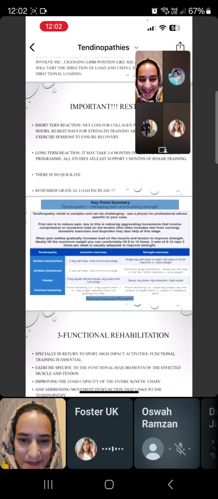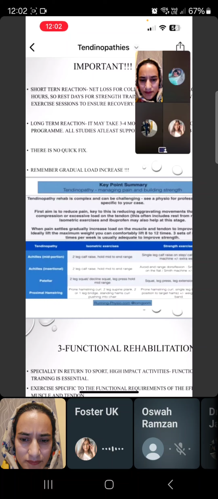So, for example, for your Achilles, the isometric exercises would be these ones. Two-leg calf raises, hold mid to end range. That's for the mid-portion tendinopathy, and if it's insertional tendinopathy, then two-leg calf raises, hold mid to end range. Pretty much the same.